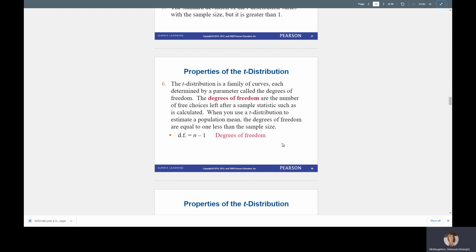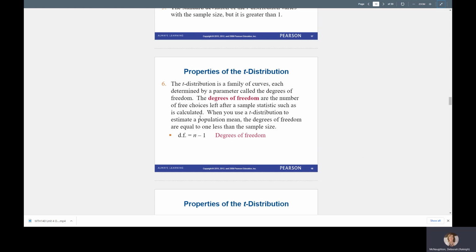The reason for that is that if I know n minus 1 of the values and I know the mean, I can get the missing value, because if I sum all the values and divide by n, that's how I get X bar. So if I have all of the values but 1, then I can back calculate and figure out what the missing value is if I have n minus 1 values and X bar.